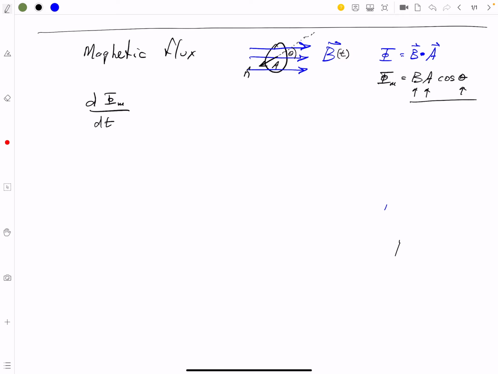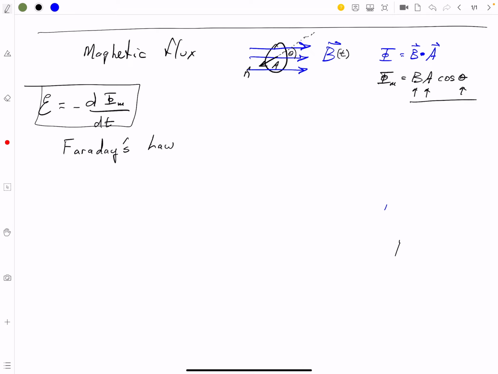Any of these three things can cause a change in magnetic flux, and it turns out that we can get an EMF from a changing magnetic flux. So we have this equation from Faraday. This is Faraday's law.